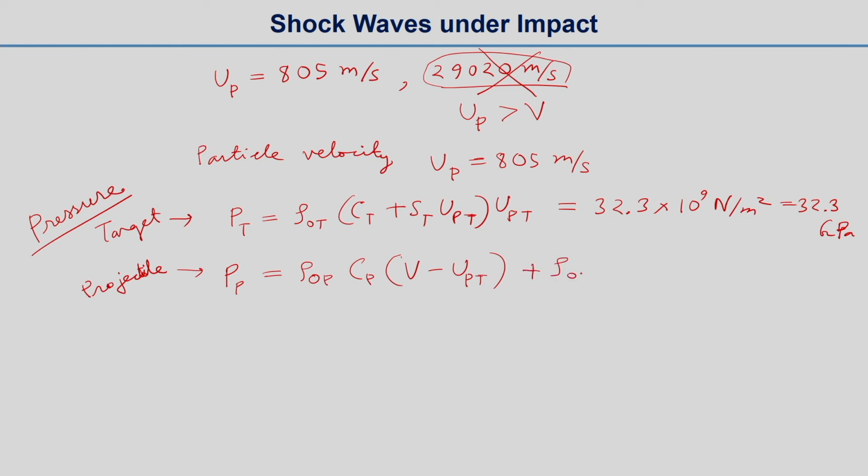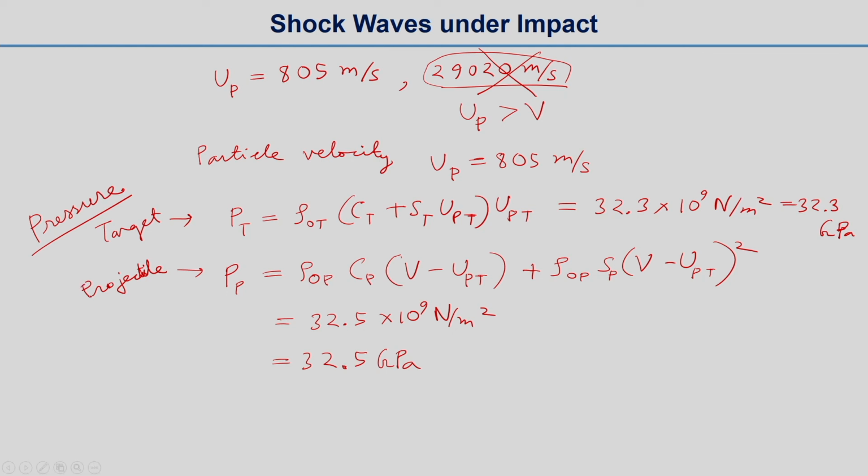So if you remember our earlier derivation, SP, V minus UPT square, this is also T, not P. From this we will get the value as 32.5 multiplied by 10 to the power 9 Newton per meter square. That is 32.5 gigapascal.